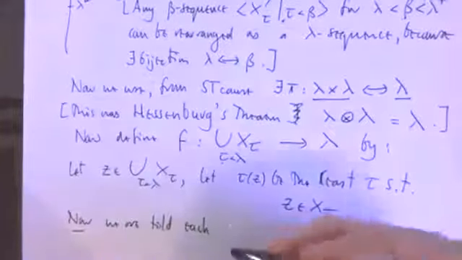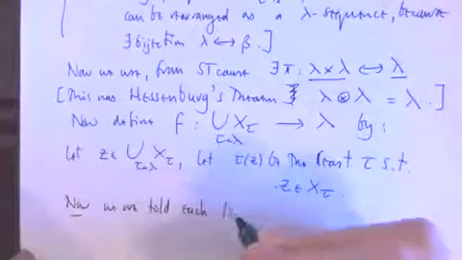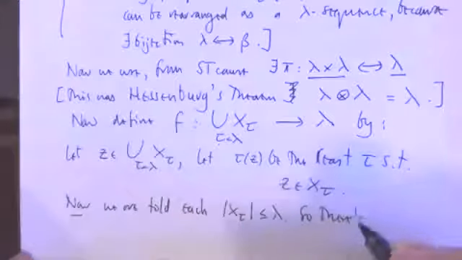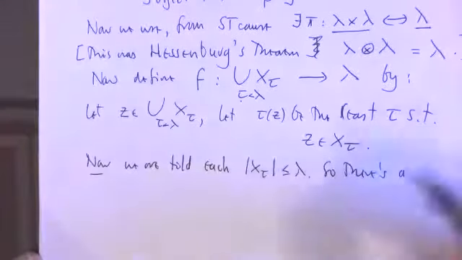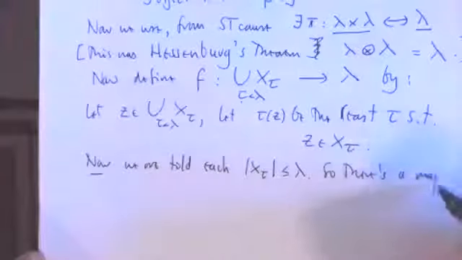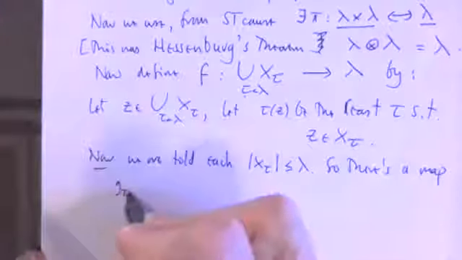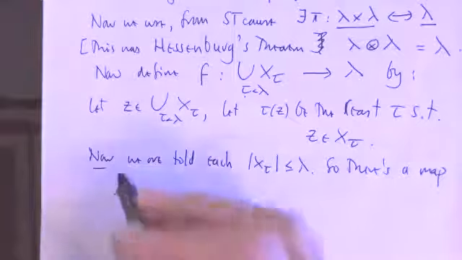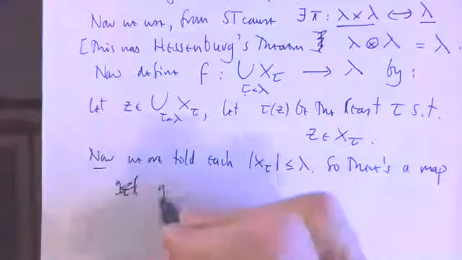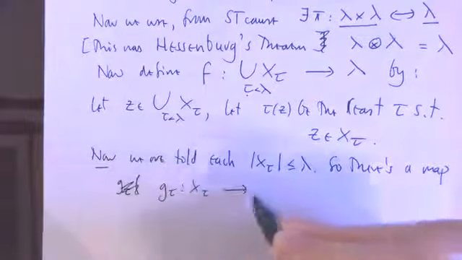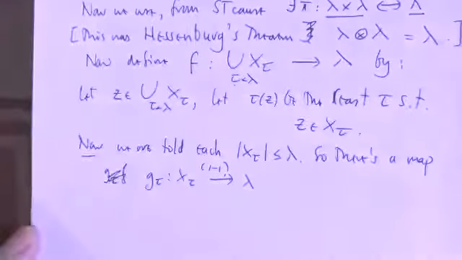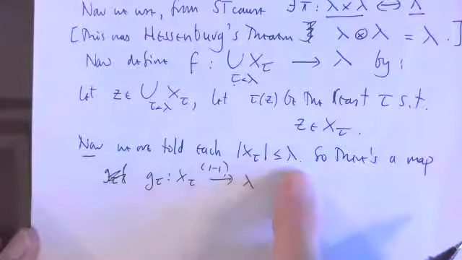So I probably should have said this bit first, actually. There's a map, let's say G tor, which takes x tor into lambda, one to one, because this has got size less than or equal to lambda.